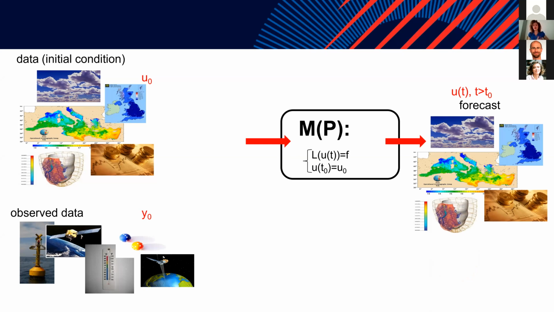For weather forecast, it can be observed data from satellites or other kinds of information. But in other applications, you can just assume that you have other sources of information. It doesn't really matter which sources. Somehow you can combine them together and give that to data assimilation, which provides you a new initial condition in its basic use, that you can then give to your forecasting model to produce a more accurate forecast.